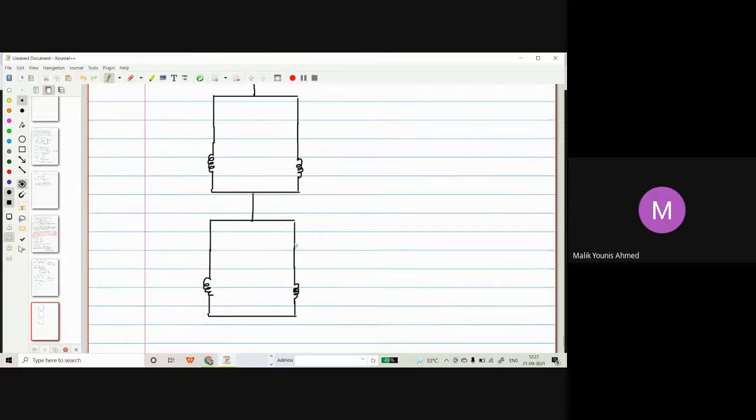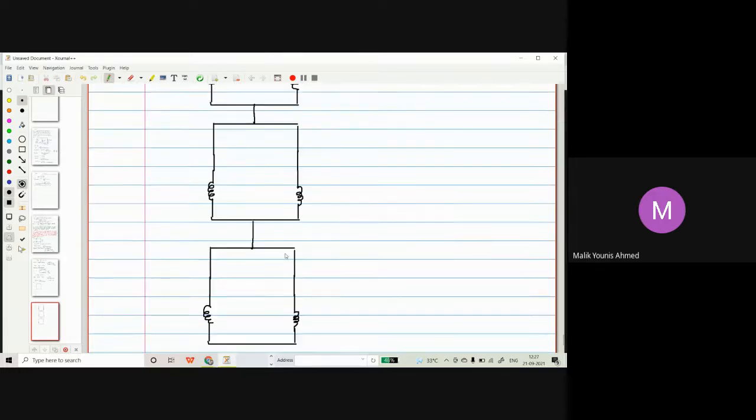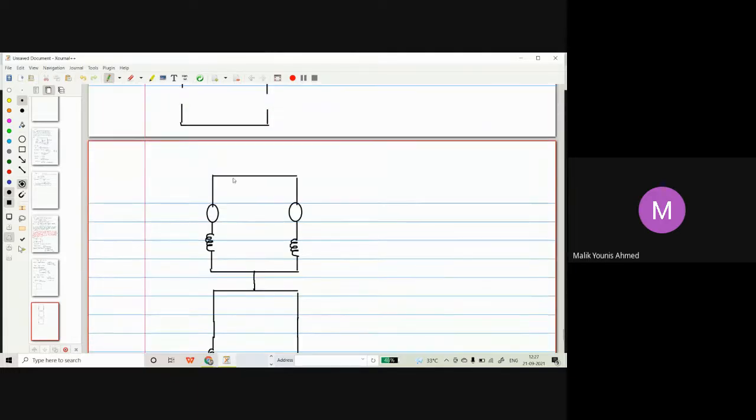So first you draw it. This is 1 at an angle of 0, positive, 1 at an angle of 0 per unit. Everything is in per unit. So J.4 per unit, J.4 per unit.